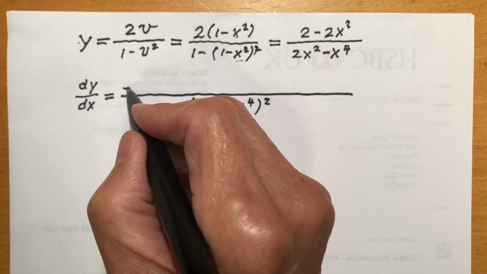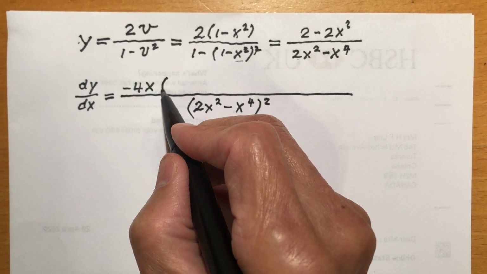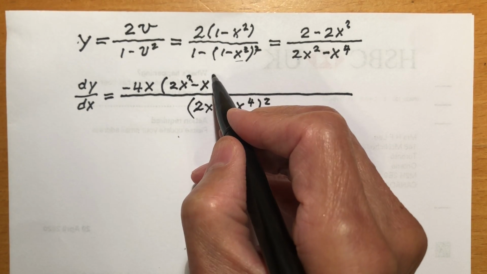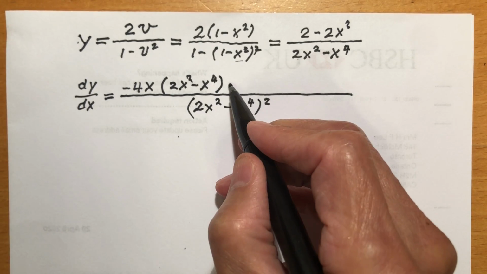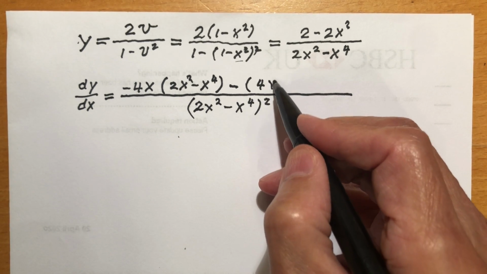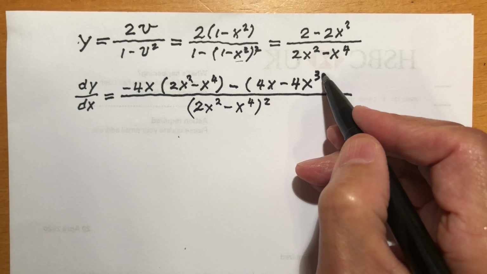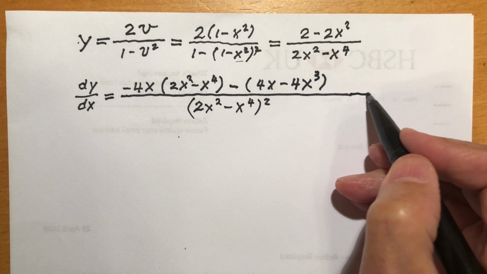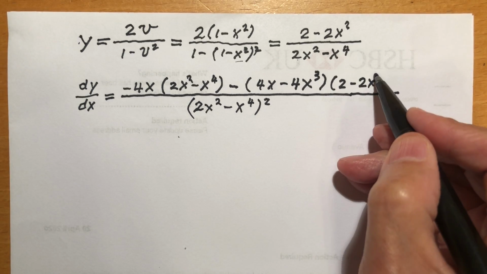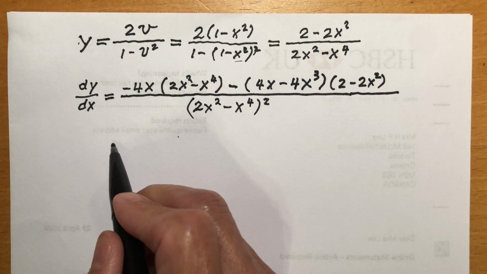So you have u prime times v, minus v prime times u. You see, the numerator is quite long, quite complicated.